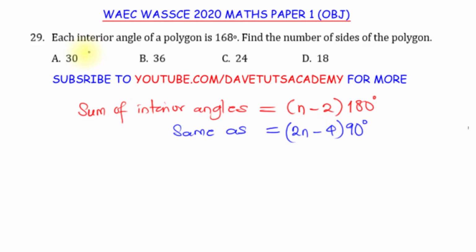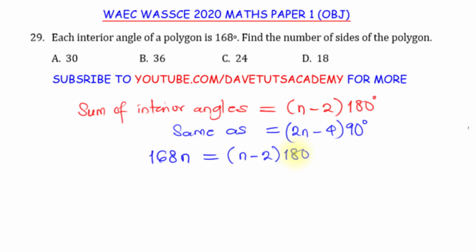But now we are told that each of the interior angle is 168 degrees. So the total angle will be 168 multiplied by the number of interior angles, which is also n. So for this particular question, we can just say 168 multiplied by n, okay, is also equal to what we can compute from this formula, that n minus 2, okay, multiplied by 180 degrees.